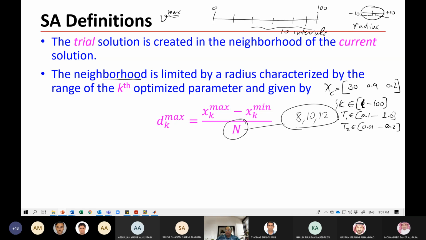This is the range of the optimized parameters. If you select n equal to 10, we need 10 intervals.